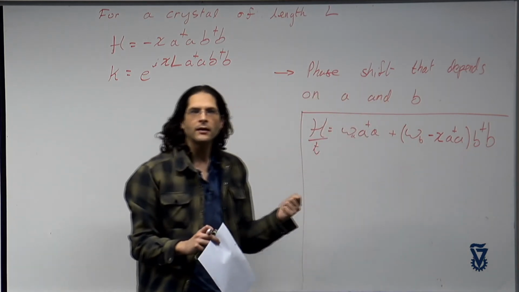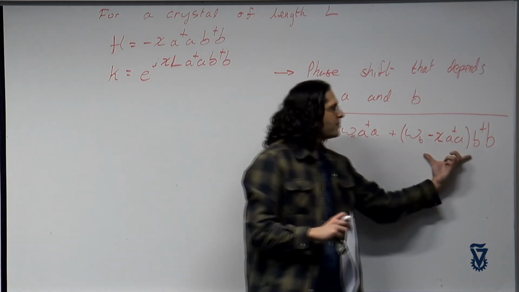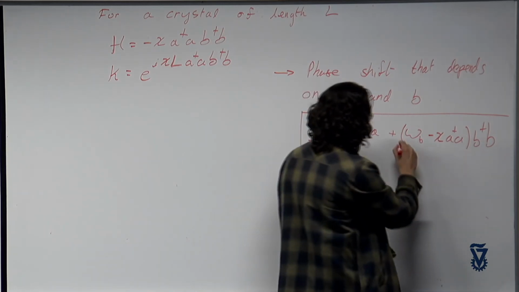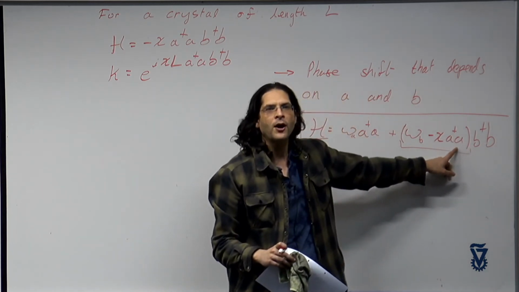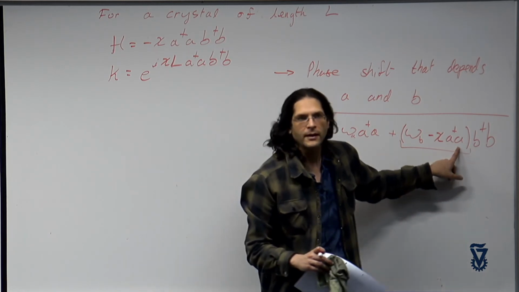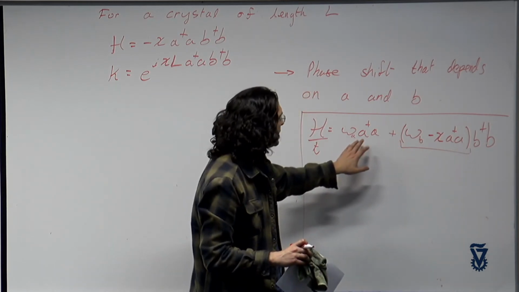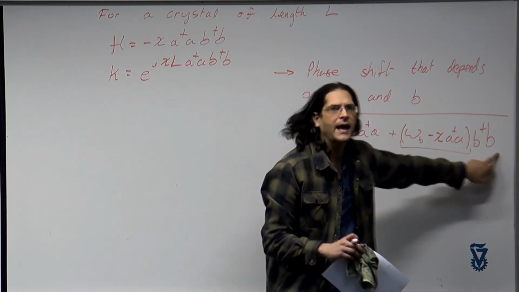And what you can see here clearly is that you have harmonic oscillator A and harmonic oscillator B. Only the frequency of harmonic oscillator B depends upon, anyone? The occupation of harmonic oscillator A. Exactly. Now I can also write it the other way. I can write omega B, b dagger b, and then omega A minus chi, b dagger b, a dagger a.